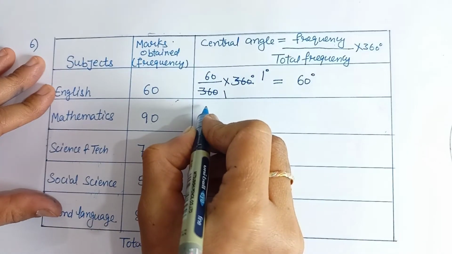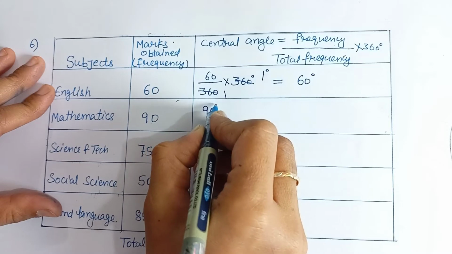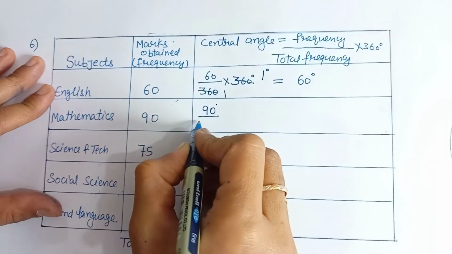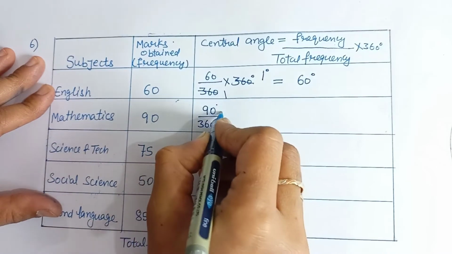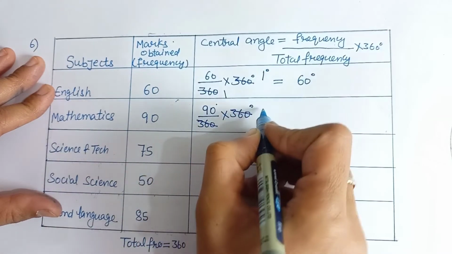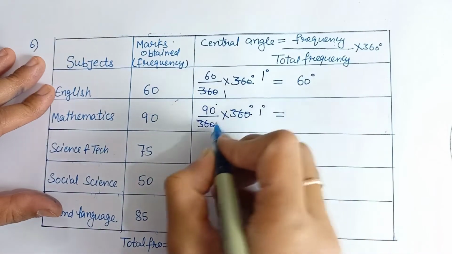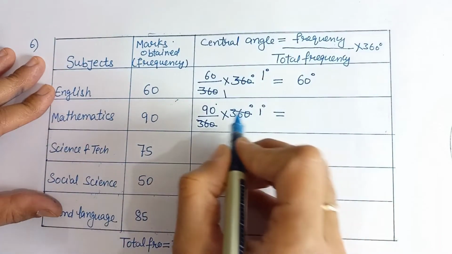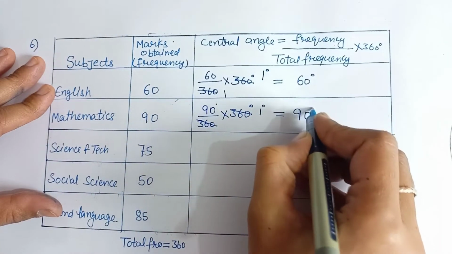For mathematics, the frequency is 90 and the total frequency is 360, multiplied by 360 degree. Again this cancels out, only 1 degree will remain here. 360 divided by 360 is 1, so 1 degree into 90 is 90 degree.